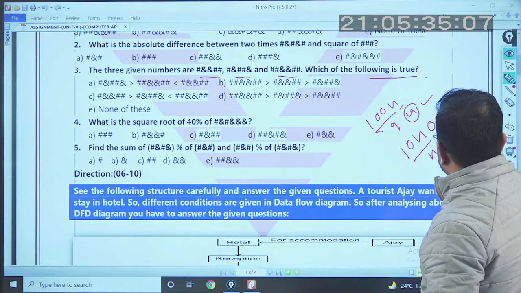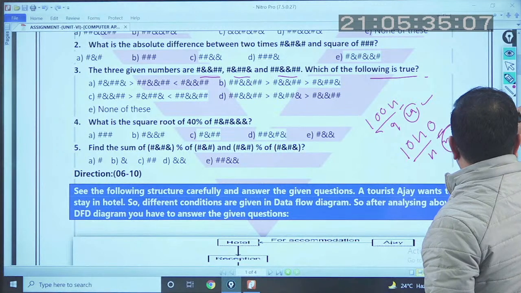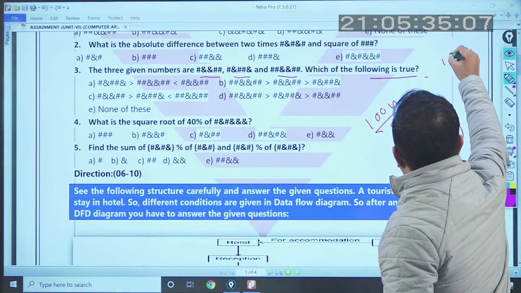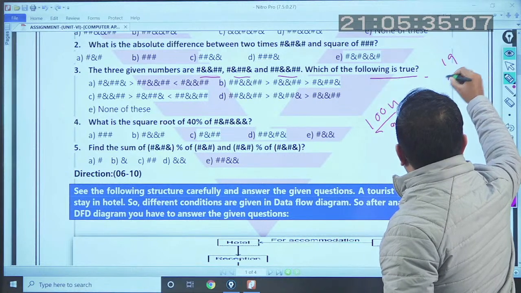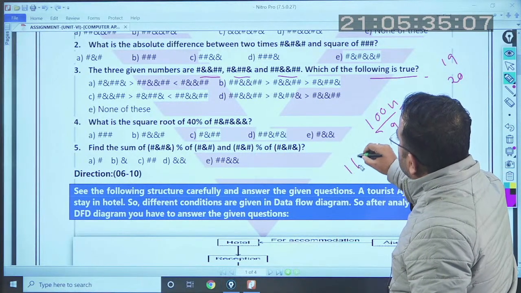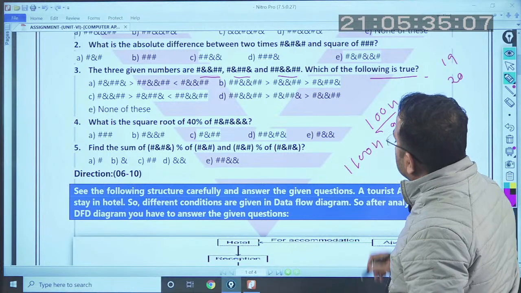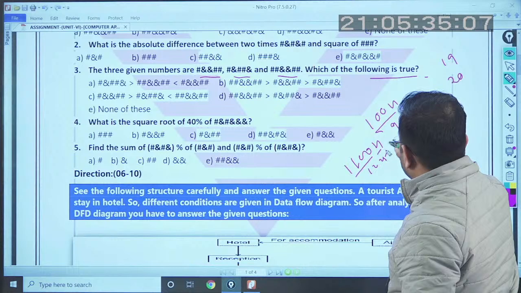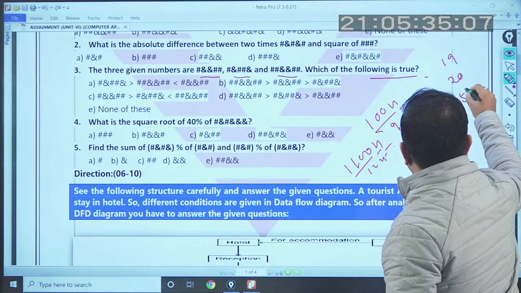So, second number is 22. And third is 1 1 0 0 1 1. So this is 25 and this is 51, and third is 51.